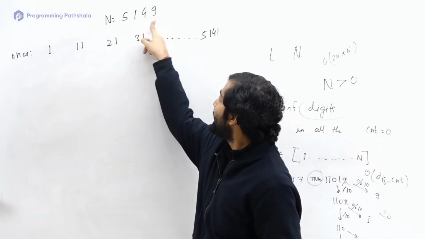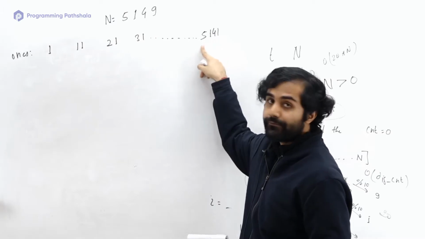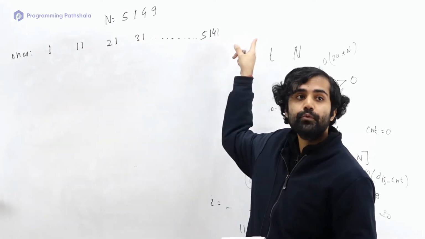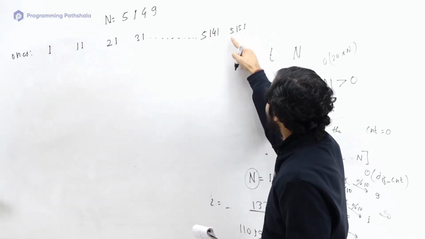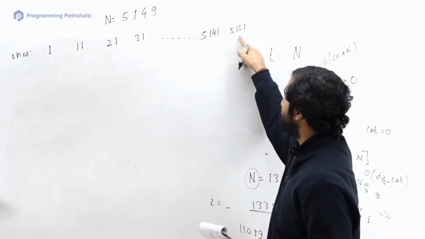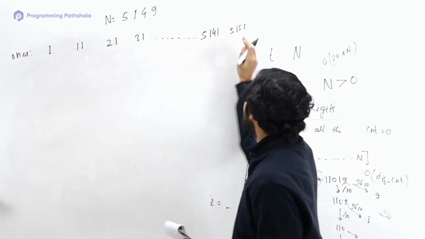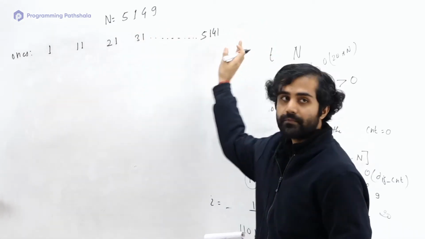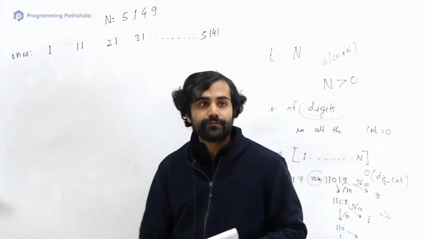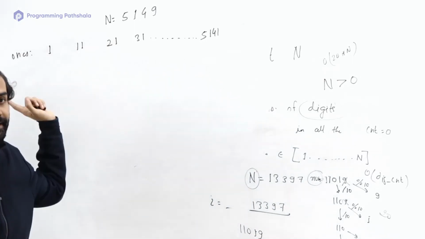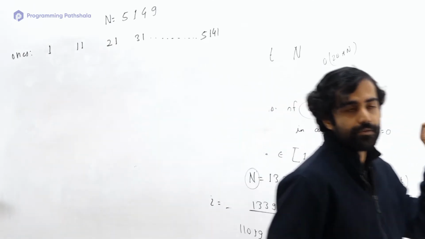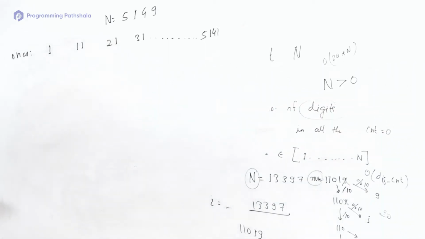Similarly, you added 514 before it and got 5141. After this, you would have wanted to add 515 because that comes after 514, but this number happens to be greater than 5149, so it is not worth consideration. That's the reason this kind of series has been obtained. I hope this makes sense to everyone. Is this contribution of ones making sense to all? Yes or no? Okay, cool.